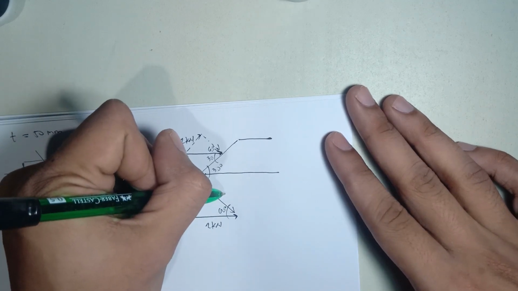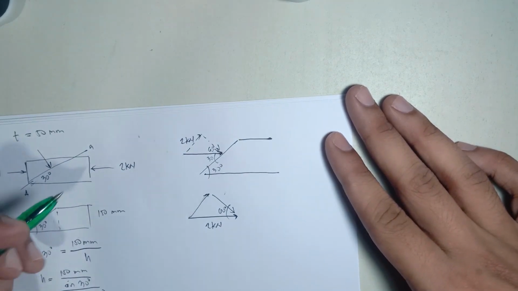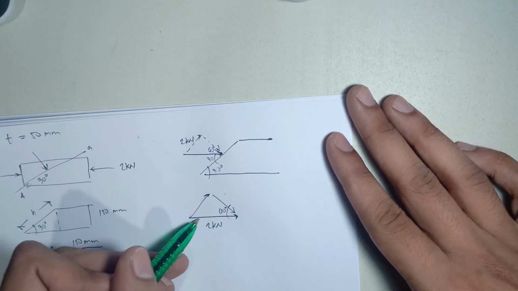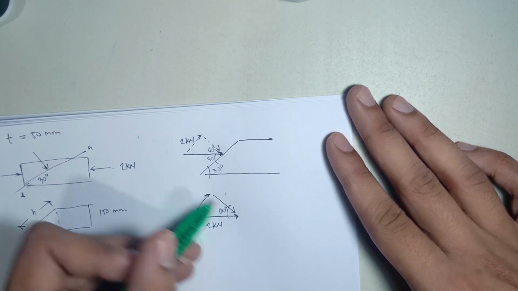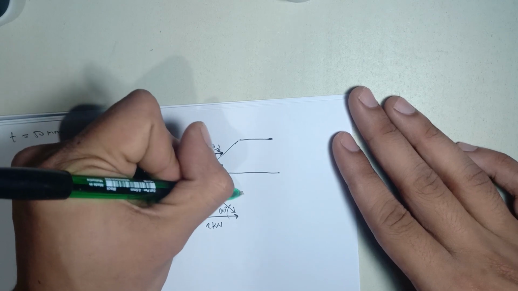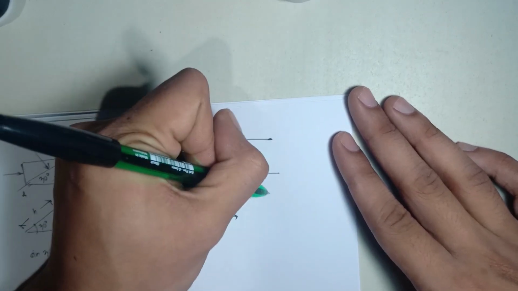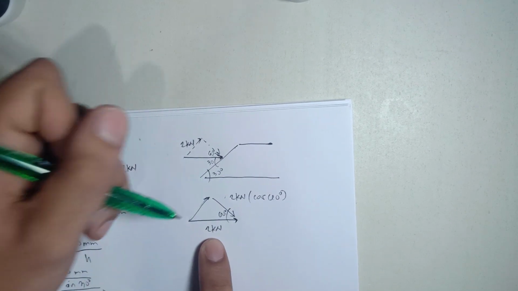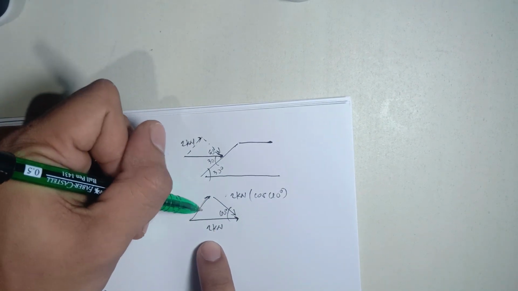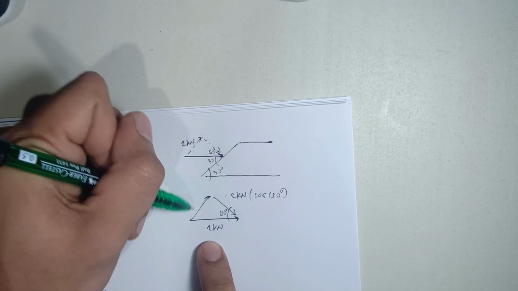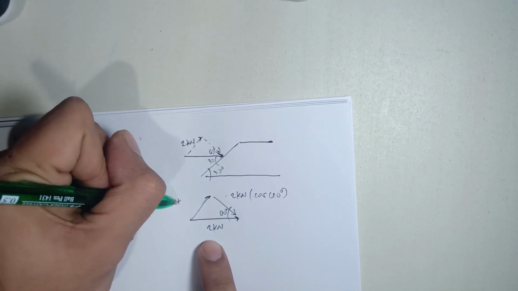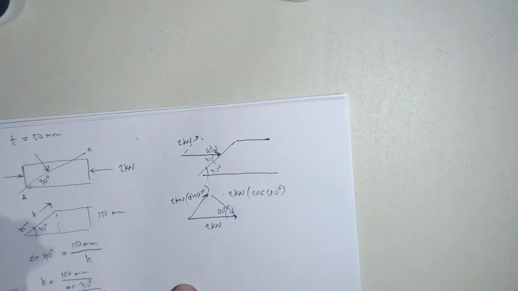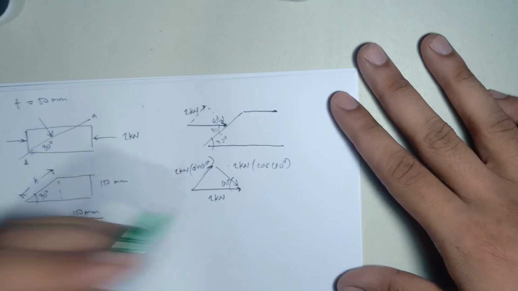So, para makuha tong component na to, kung mapansin nyo, this is the hypotenuse. So, kailangan natin mag-cosine. So, this value is 2 kilonewton cosine 60 degrees. Then, itong value na leg, so, this is sine. So, this is the hypotenuse. So, ito, 2 kilonewton sine 60 degrees. Nakuha nyo, guys.